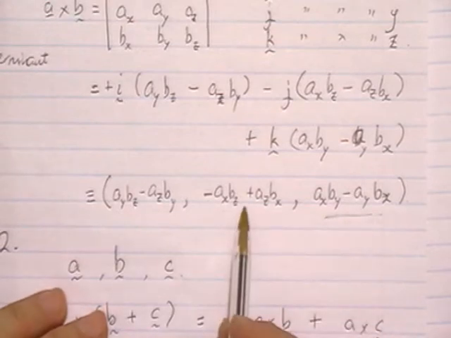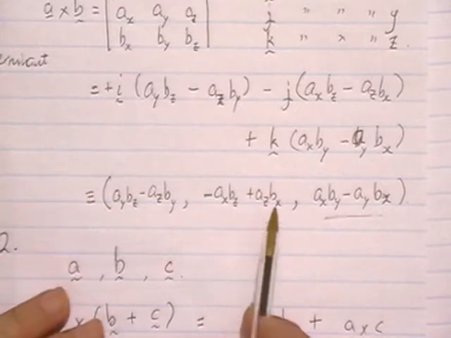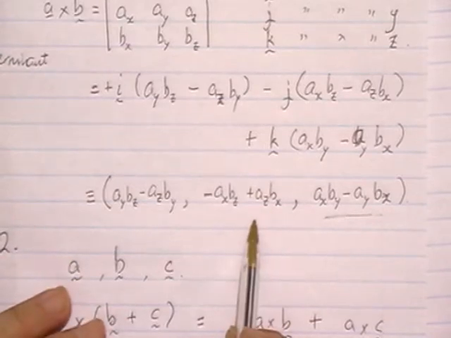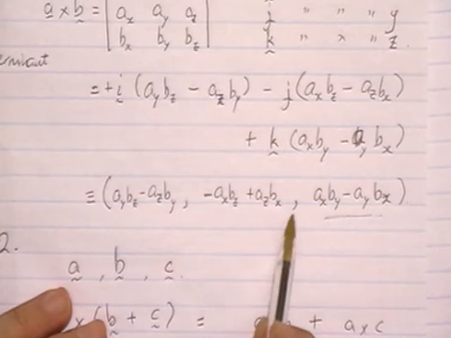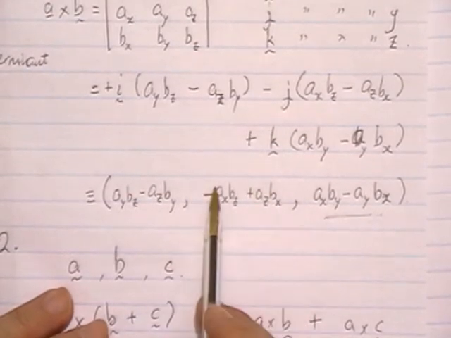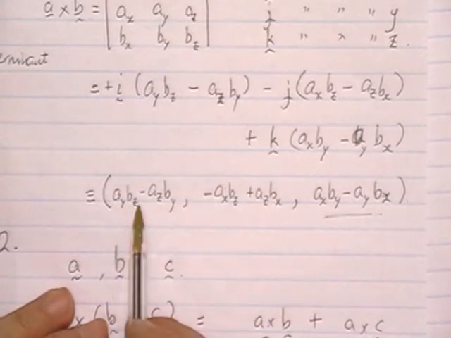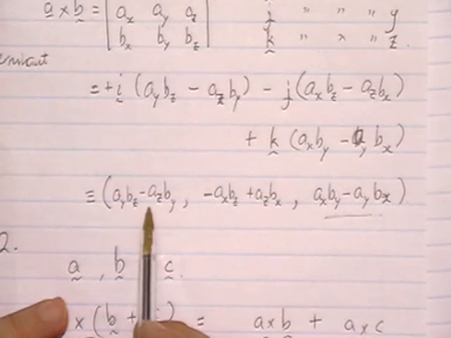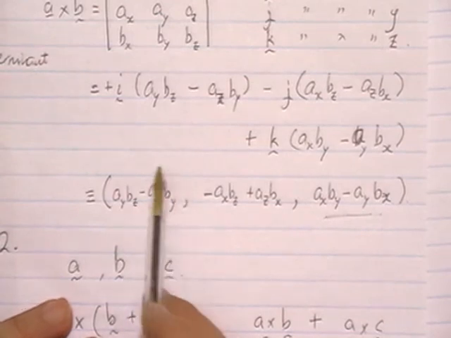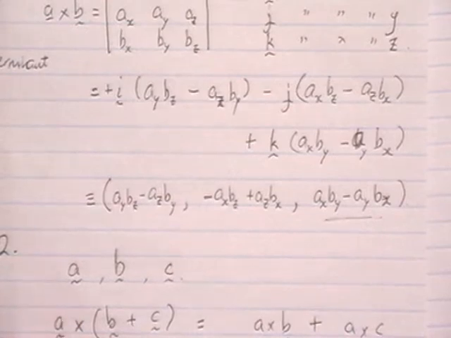Okay, so if A and B are in, say, the xz plane, then we can go through the same steps and prove this component. And if A and B are in the yz plane, once again we can go through the same steps and we would prove that this component is true.